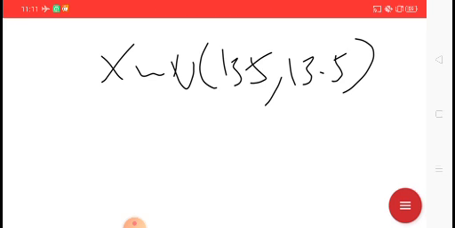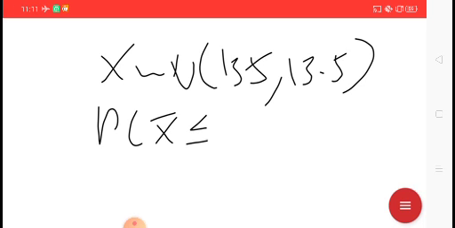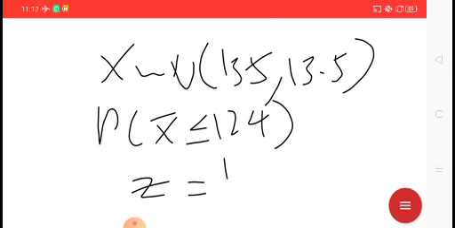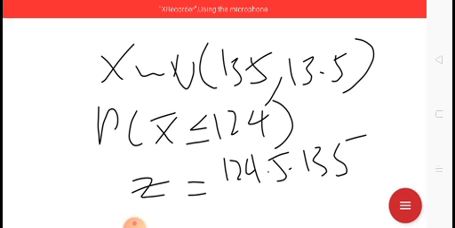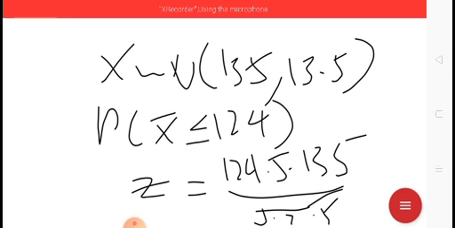Once you have this parameter, you can start to find P(X smaller equal to 124). If you convert this to the z value, it will be equal to (124.5 minus 135) over the square root of 13.5.